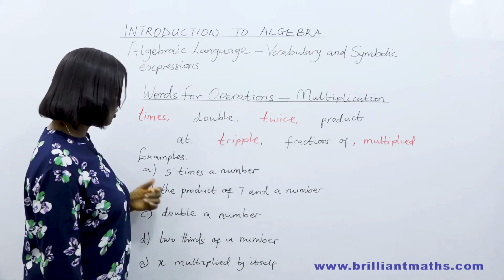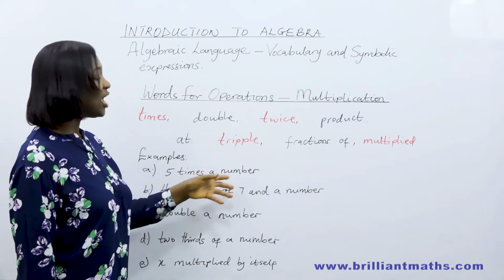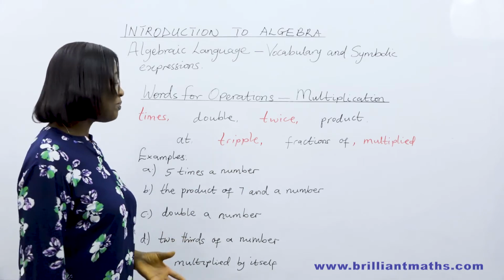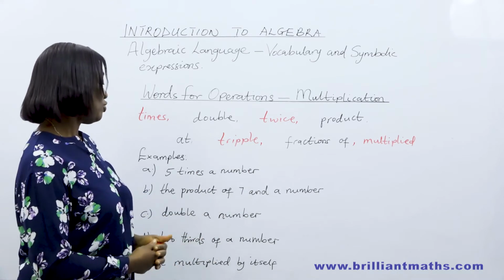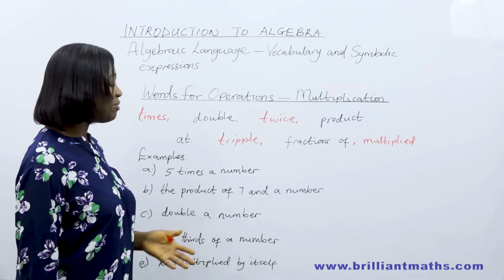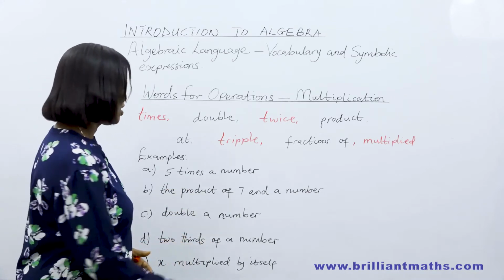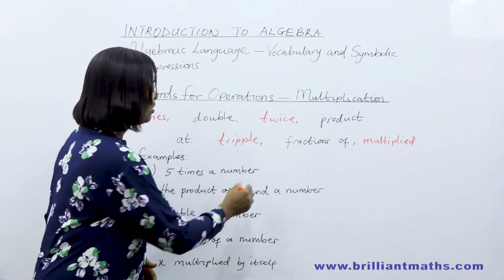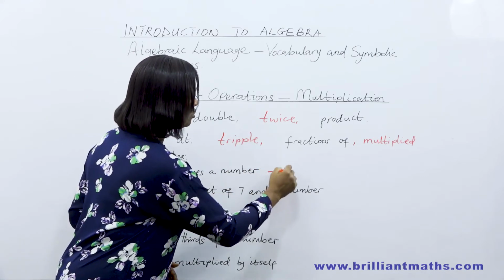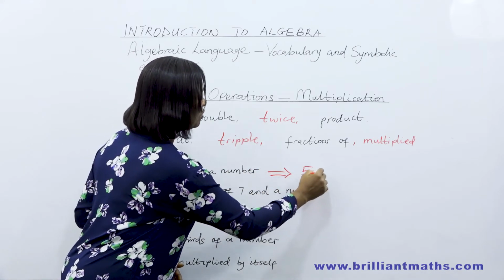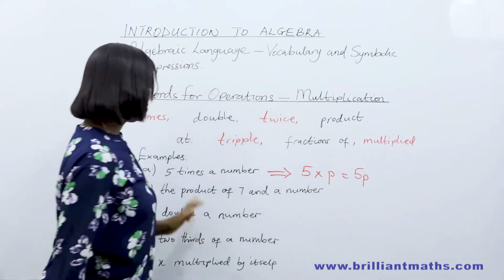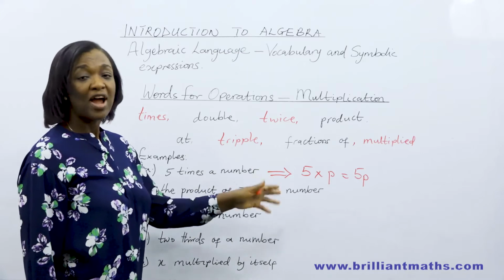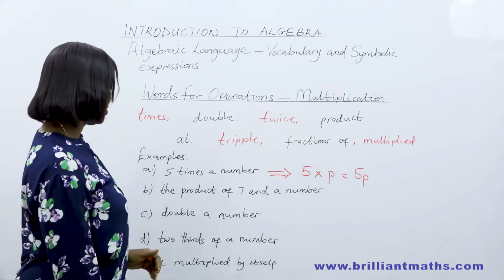For example, 5 times a number. The first step is to choose a letter for that number. Let the number be P. So 5 times P will be equal to 5P.